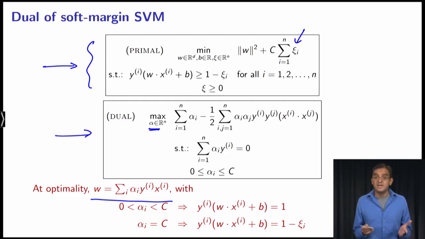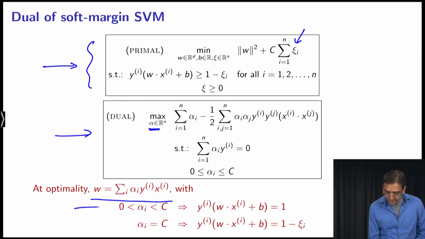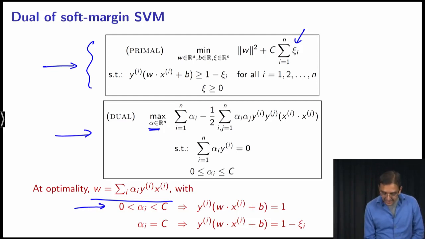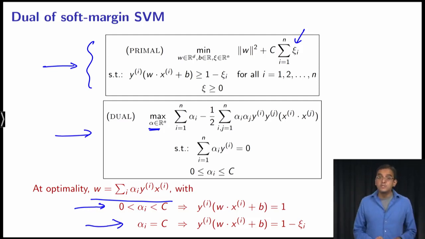There are two kinds of points on which alpha is non-zero. There are the points that lie exactly on the margin, and then there are points on which we've used slack. So there are two kinds of support vectors. And again, it is this beautiful theory of duality that gives us this surprising insight.